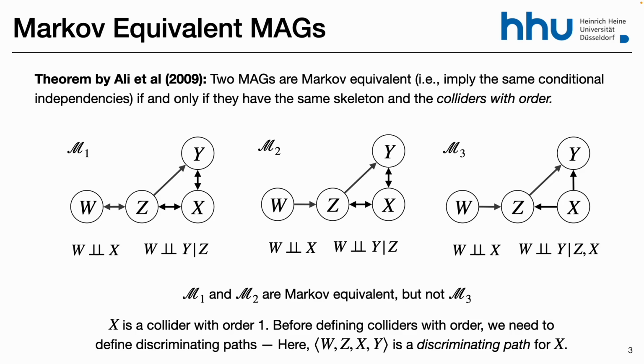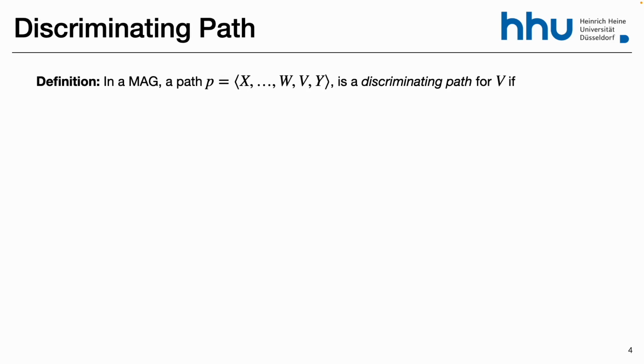It's always a discriminating path for a variable, in this case X. So, definition of discriminating path. In a MAG, there is this path that starts with X and Y, and it's going to be discriminated for the second to the last variable, in this case V. So it's a discriminating path for V in this case.